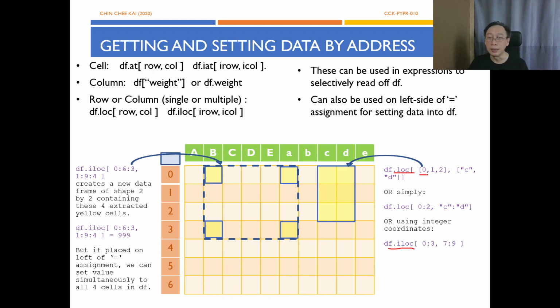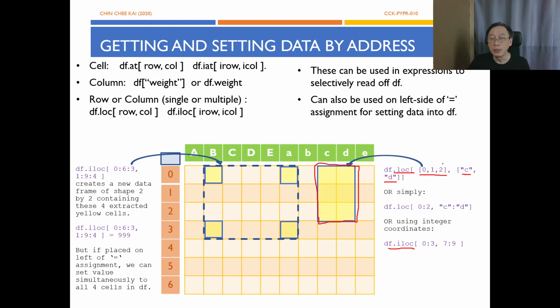And then we say 0, 1, 2, and then also the two columns, C and D. So this is how we describe this colored yellow box. We are referring to this 3x2 rectangular segment within the big data frame. This is how we are able to subset any part, anywhere at all in the data frame.